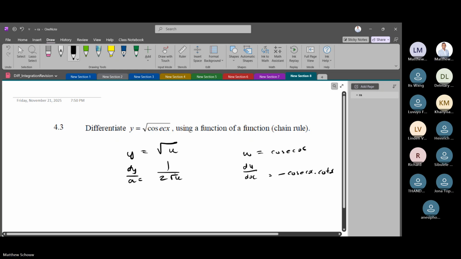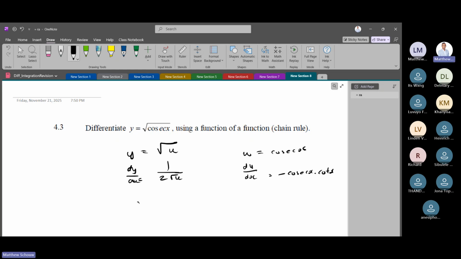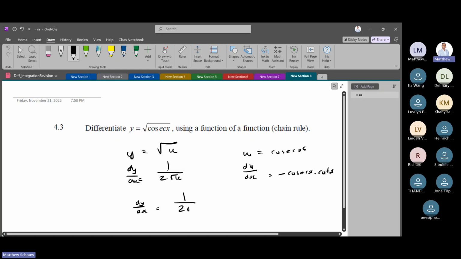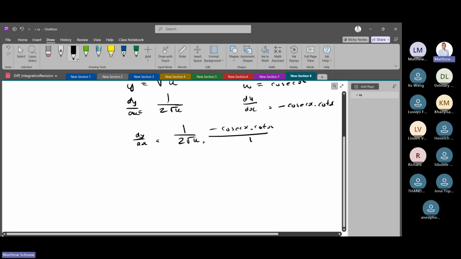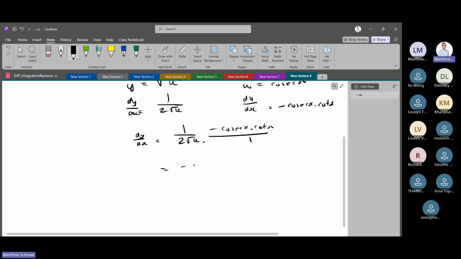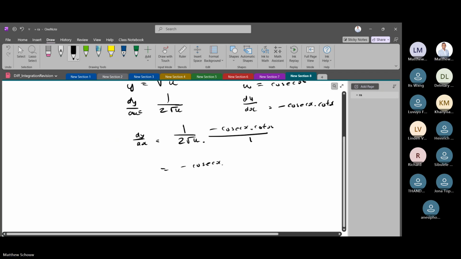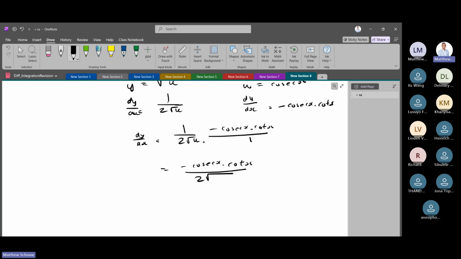Therefore dy dx, we multiply both of them: 1 over 2 root u times minus cosec x times cot x. Multiply everything in, we have minus cosec x cot x divided by 2 root cosec x.